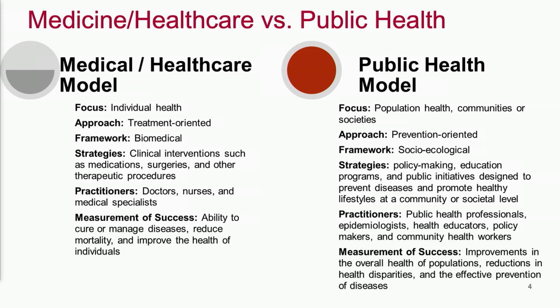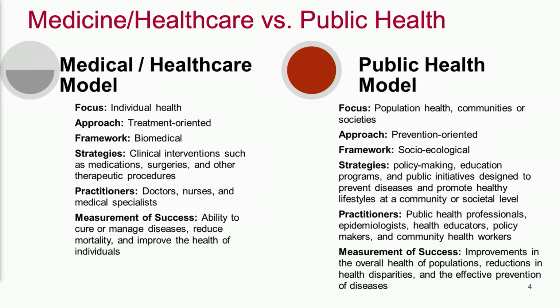It focuses on treating patients one at a time, while the public health model adopts a population approach, aiming to improve health outcomes for the community or at the societal level. Medicine primarily focuses on treatment of diseases once they have occurred, while public health emphasizes preventing diseases and promoting health before the onset of disease. It's more about preventing than treating.